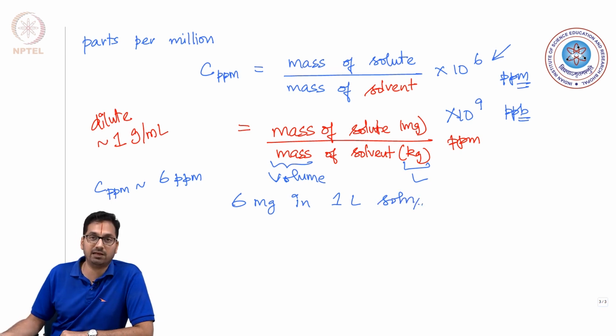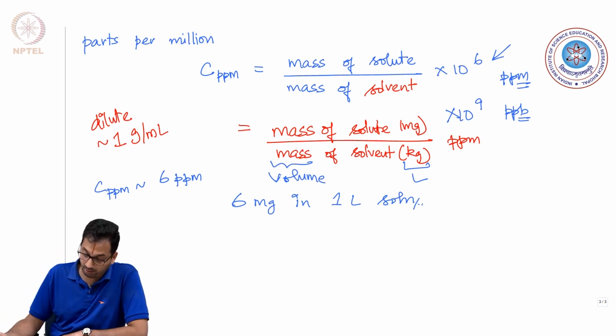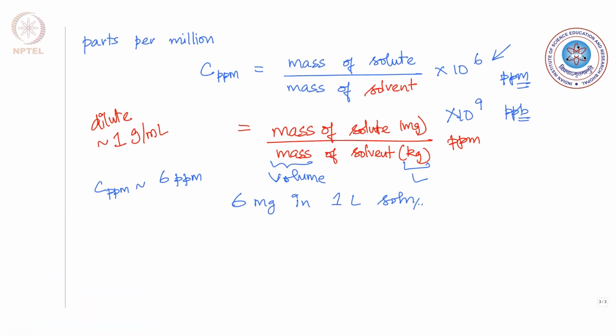So, that is basically the definition of parts per million. And once again, as I said, this is very similar to the mass percent that you have seen a few moments earlier. And similarly, when someone says the concentration of something is 4 ppb, this indicates you have 4 micrograms in 1 liter of solution.